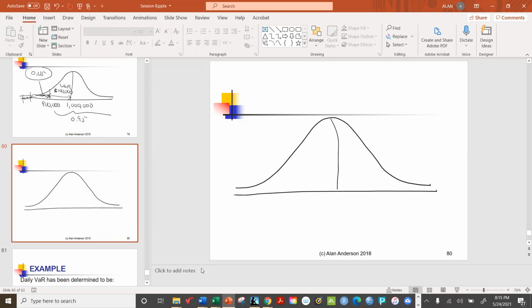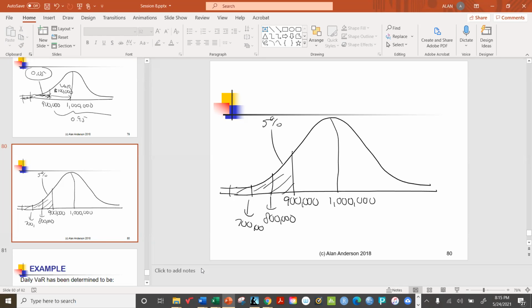So, for example, let's keep the same situation going. This is the left 5% tail. But what if we did this again with the left 4% tail, and the left 3%, and the left 2%? And this one is, let's say, 800,000. And this one is 700,000. And this is 600,000.